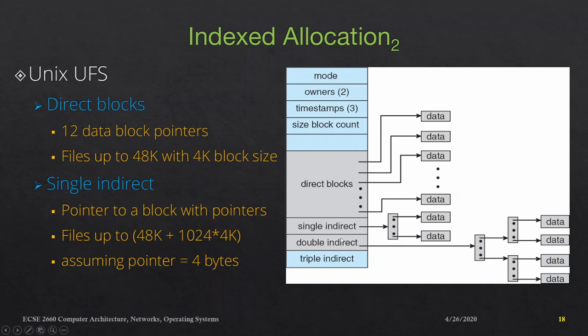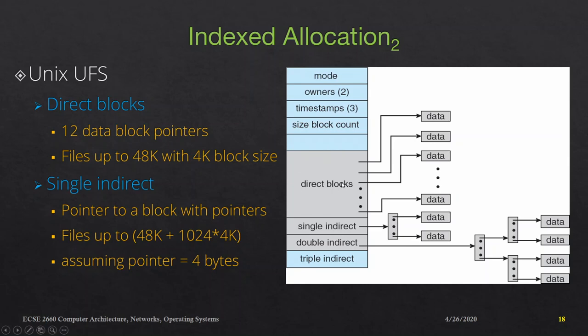By doing this, we can have a very large amount of file data on the hard disk. So let's see how to understand this inode structure for the Unix file system. There are direct blocks, as you can see here, and direct blocks essentially have 12 or so data block pointers.